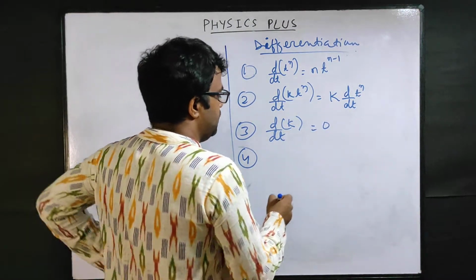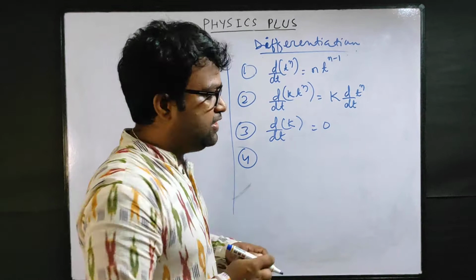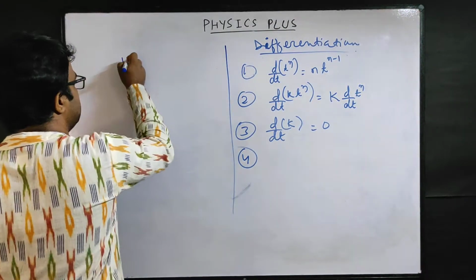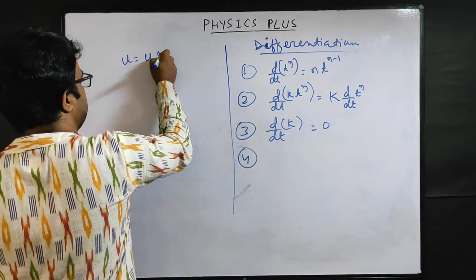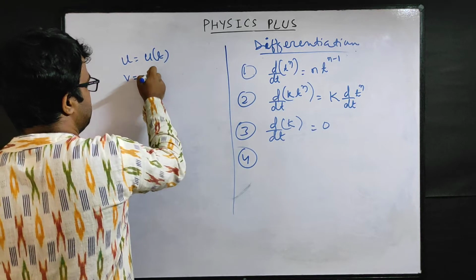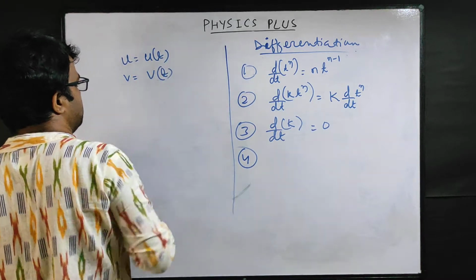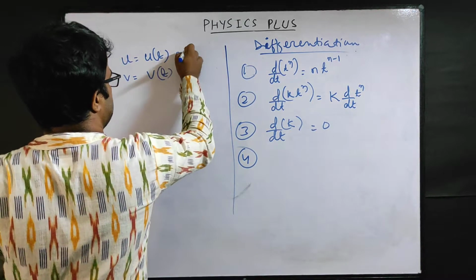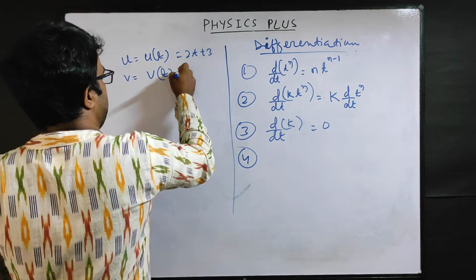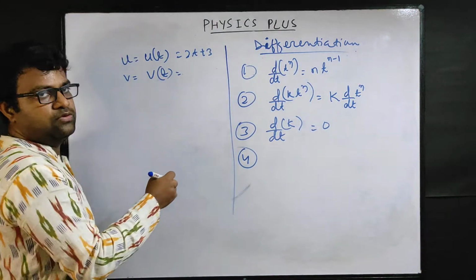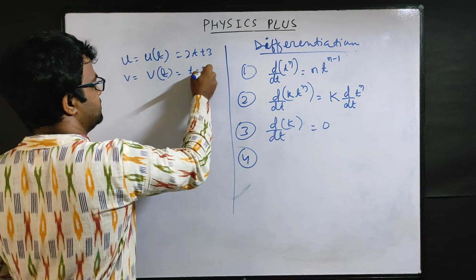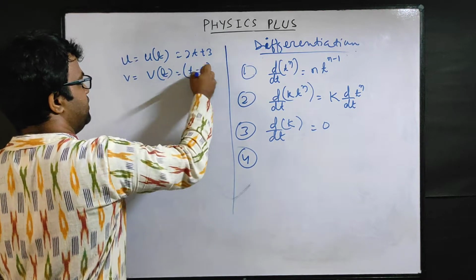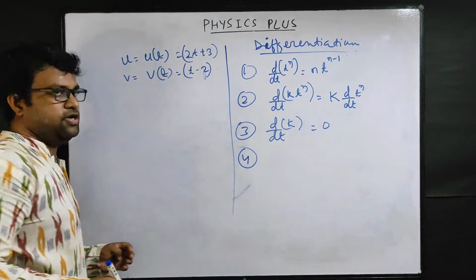Now if two terms are added, like let's say u is a function of t and v is also a function of t. Okay, let's say u is equal to 2t plus 3 and v is equal to t minus 2. So both are different functions, right?